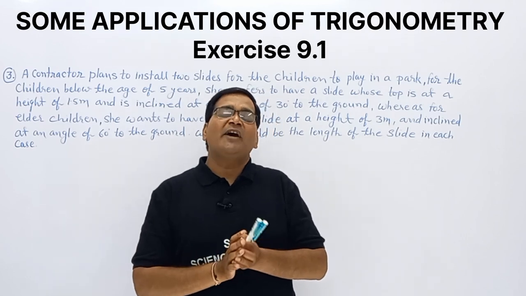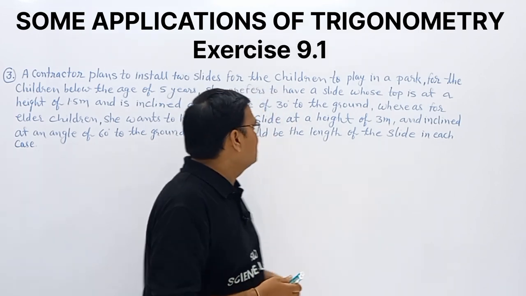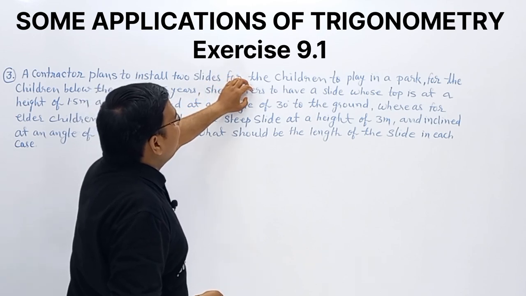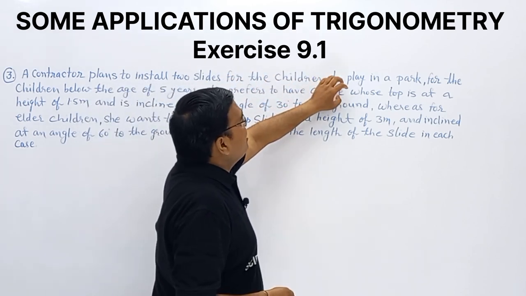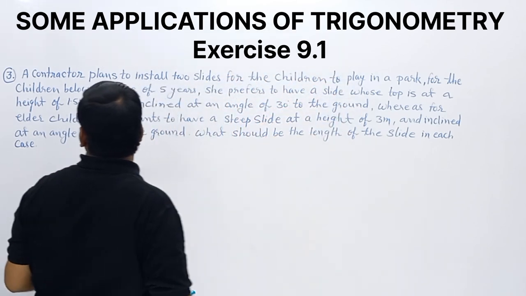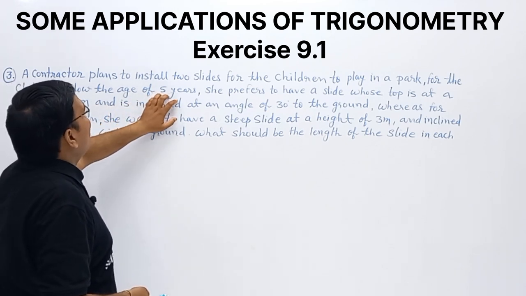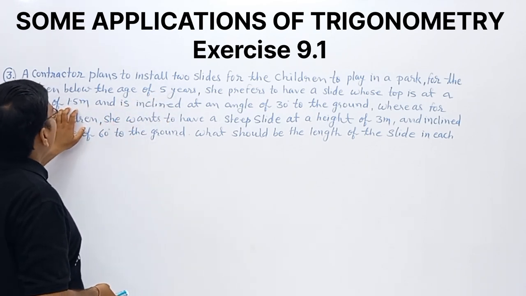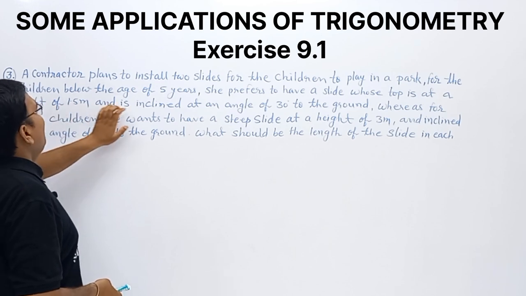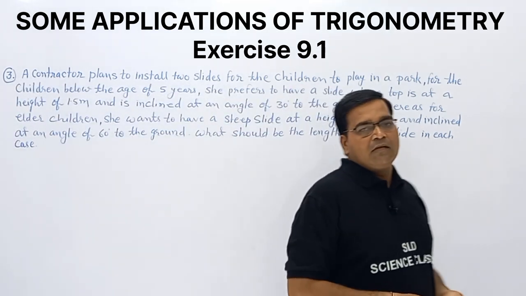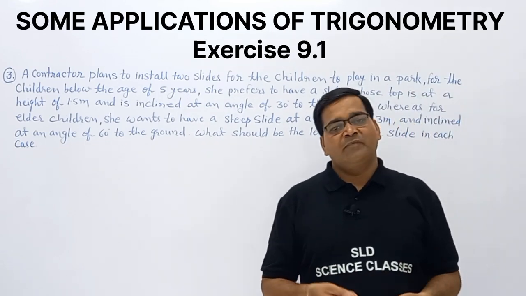For children below 5 years of age, the contractor prefers a slide height of what? The height of the slide for age below 5 years will be 1.5 meter, and it is inclined at the angle of 30 degree. What we are doing?